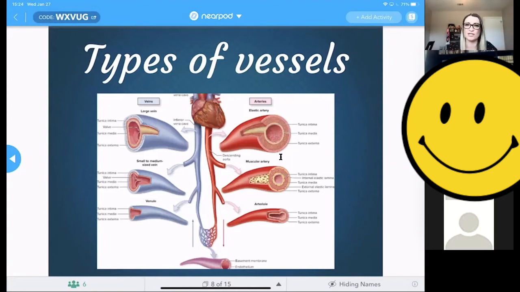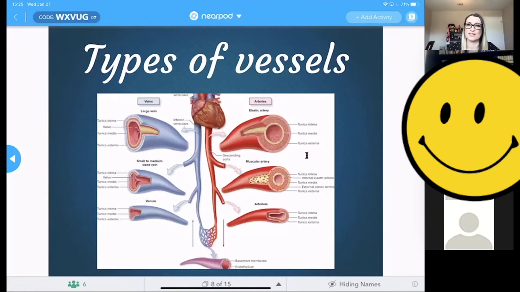These are smaller. These are still pretty stretchy, but they're a little less stretchy than the elastic arteries. They have a thicker muscularis, that's why it's a muscular artery. And this muscularis allows these muscular arteries to vasoconstrict and vasodilate. So they are able to change the size of their lumen based on the needs.